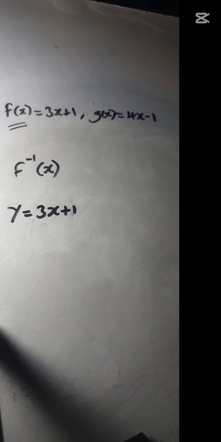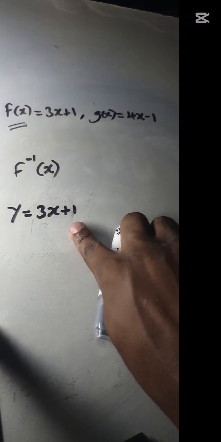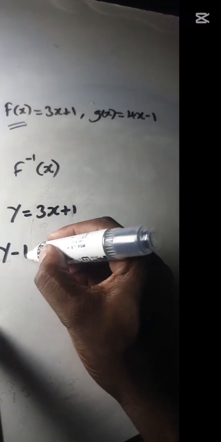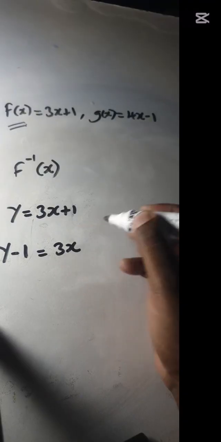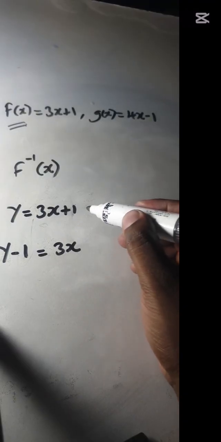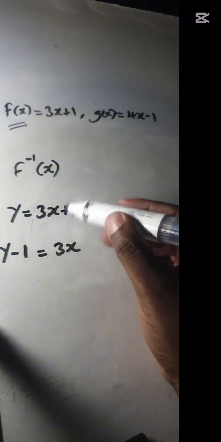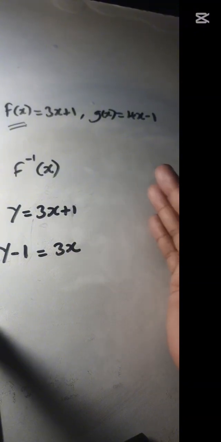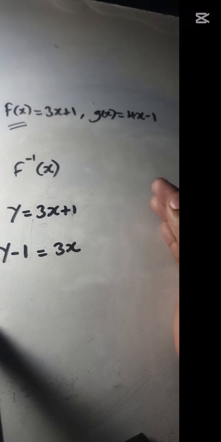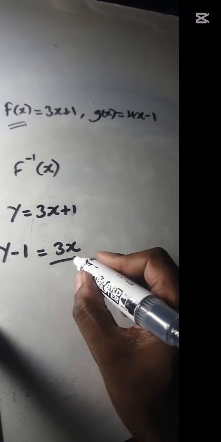So that means this +1 will go to the left side, and since it's going to the left side by additive inverse, of course, it becomes -1. So to be y minus 1 equal to 3x. So we have to subtract both sides so that 1 can be subtracted out here. That's what we mean by additive inverse. Then we divide both sides by 3.